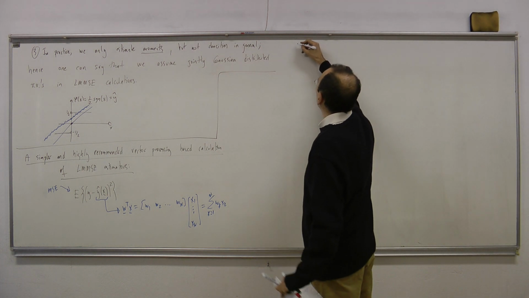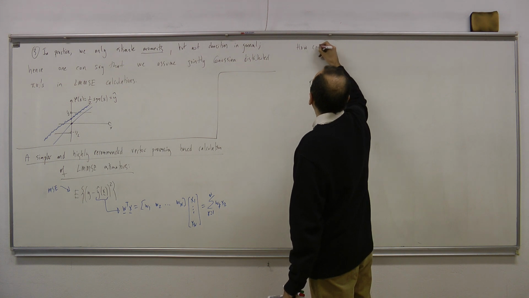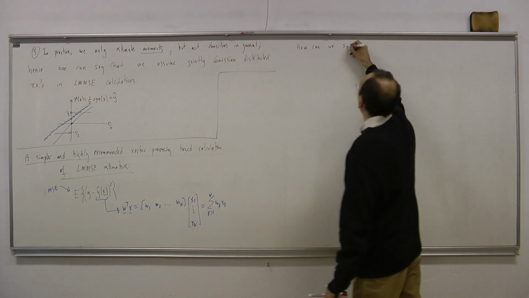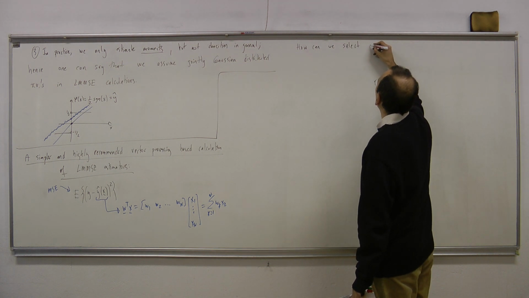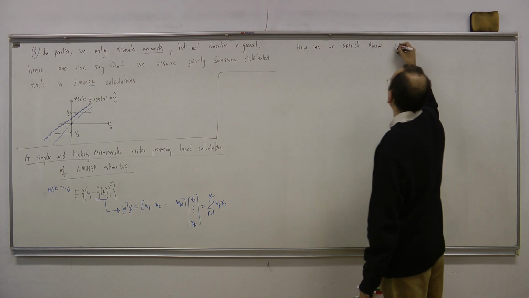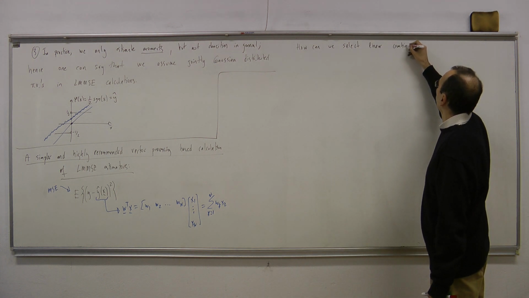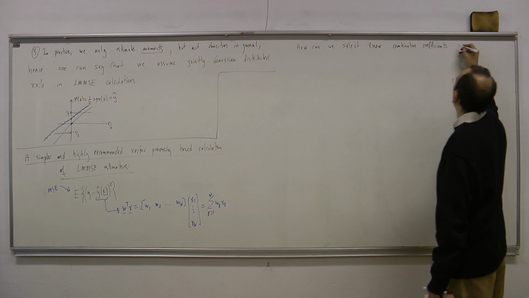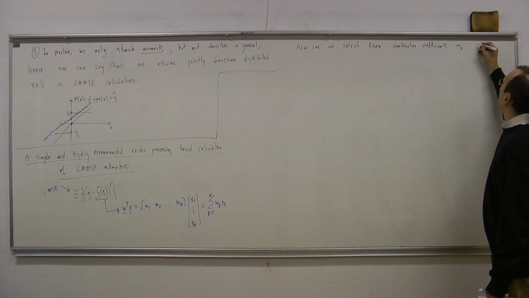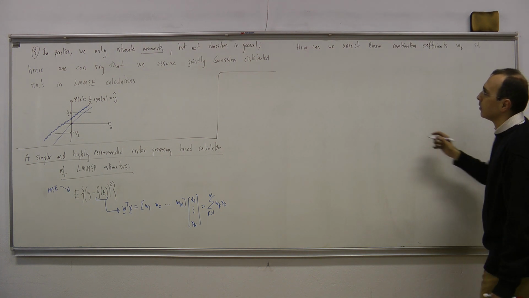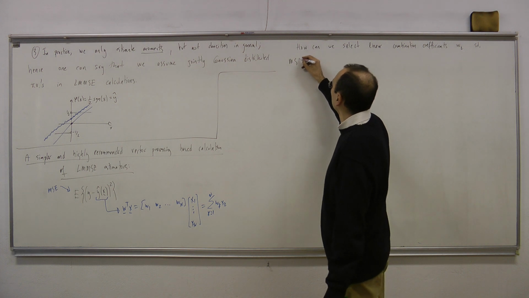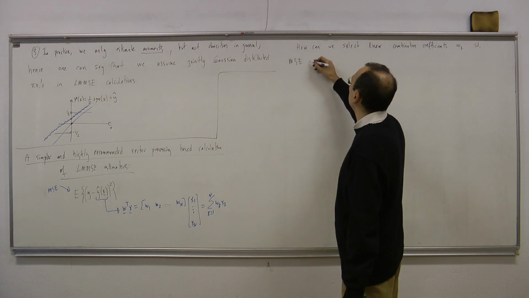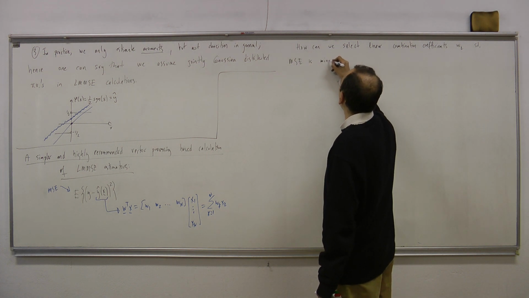So let me write the question. So how can we select linear combination coefficients Wk such that MSE is minimized?